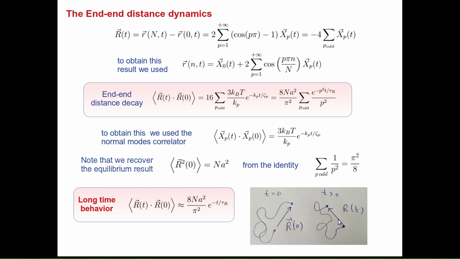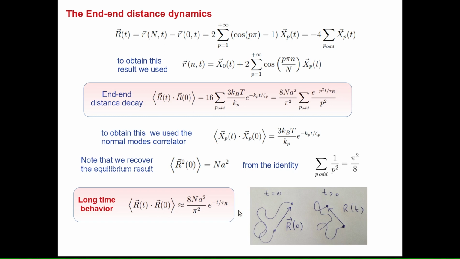We have a vector r pointing this way, and in these calculations we are averaging over all possible realizations of where this vector r of t will be, right?